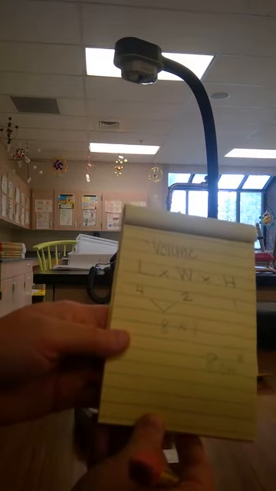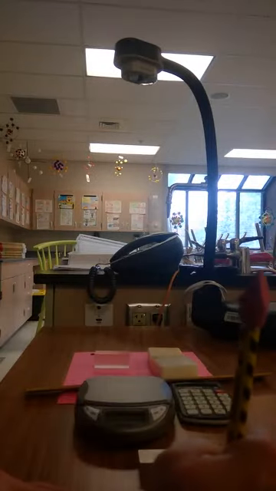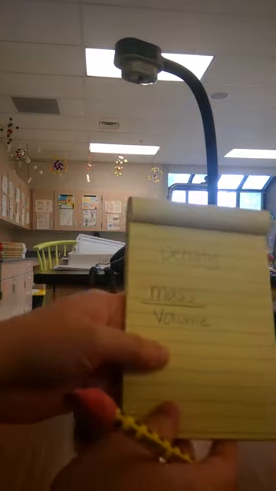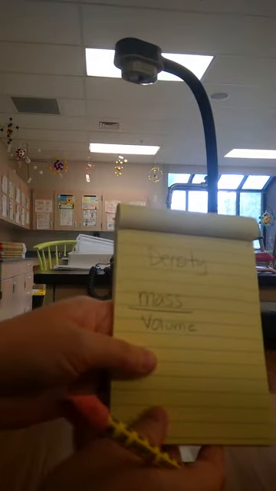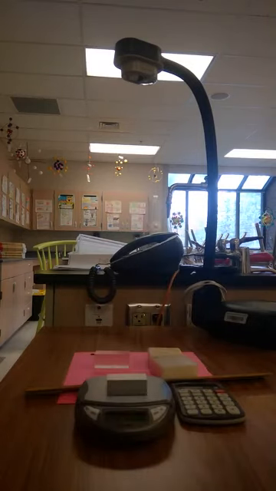The last column, you have to find the density. And so in order to find density, density is mass divided by volume. So I've got a column for mass, so I'm going to take my aluminum block. I'm going to place it onto my scale.